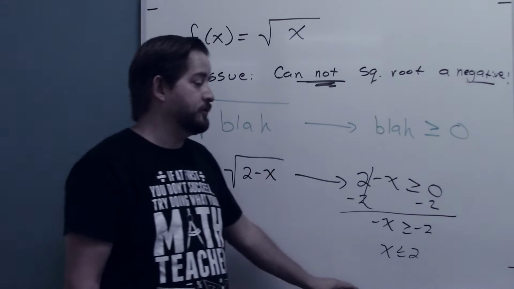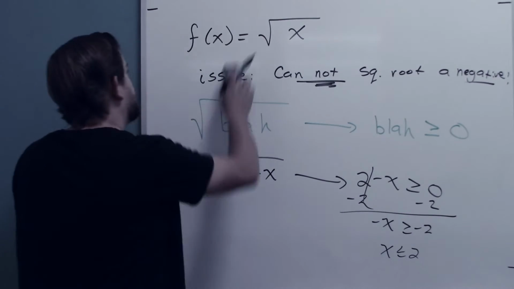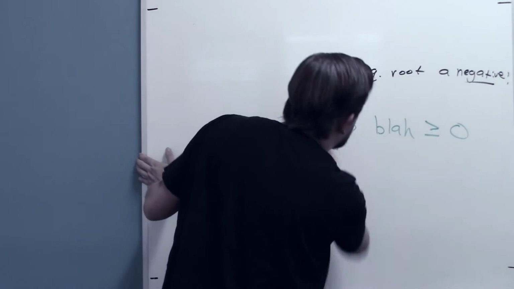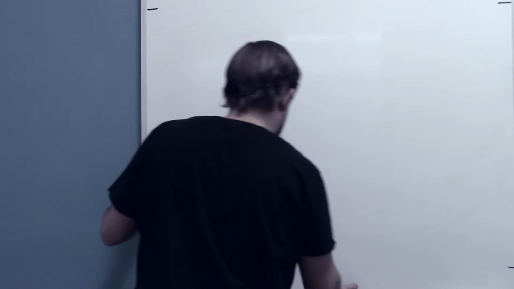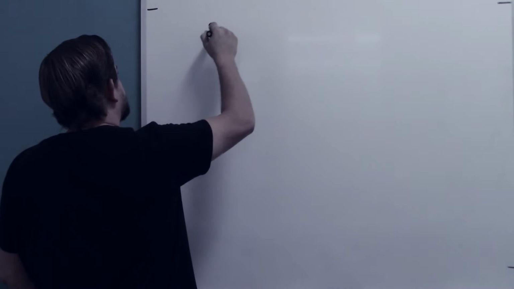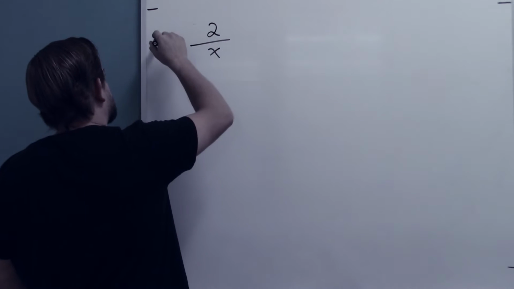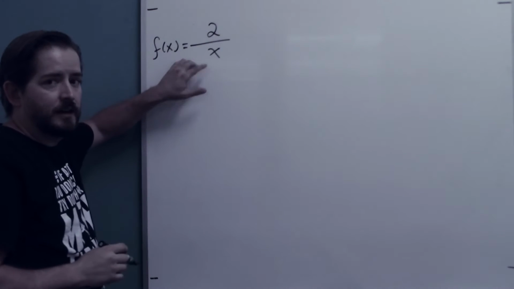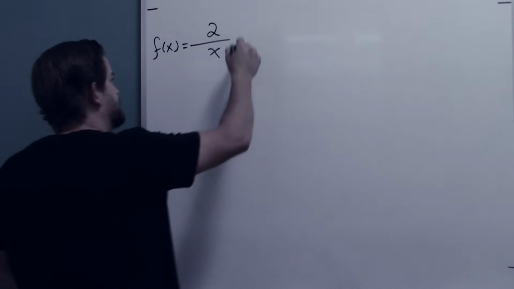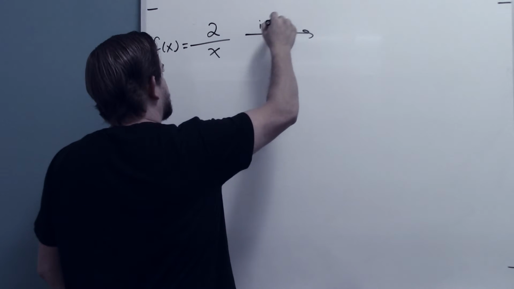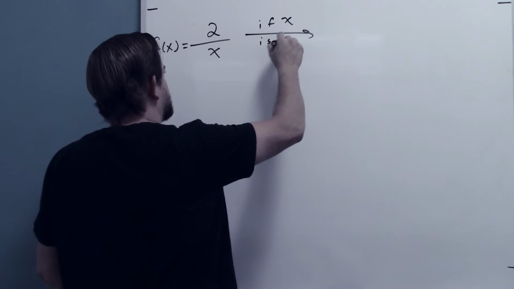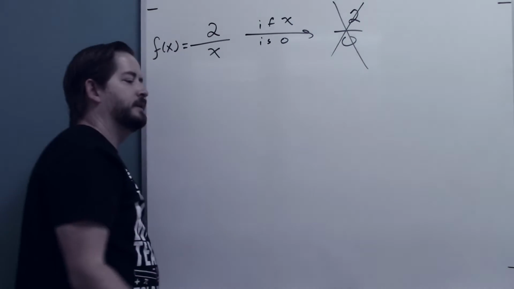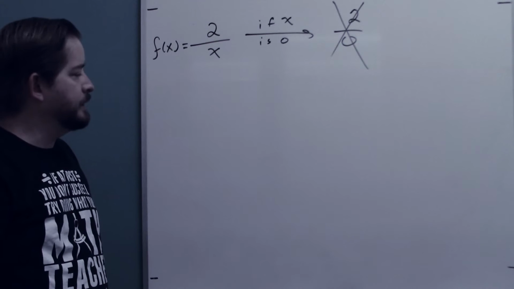So I have square roots, so that's my first domain issue. The second domain issue that we will see is dividing by an expression. So if I have, say, something like 2 over x, let's call this f of x. If I have a function here, x can't be 0, because if x is 0, then I get 2 divided by 0, and we all know that's when bad things happen, right?